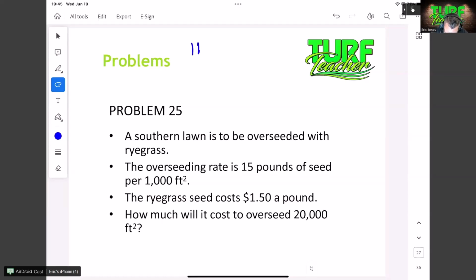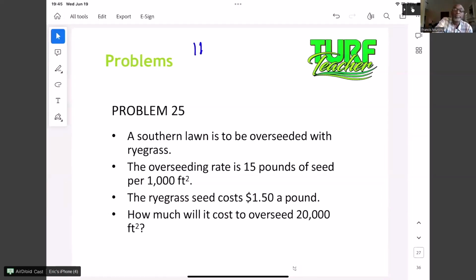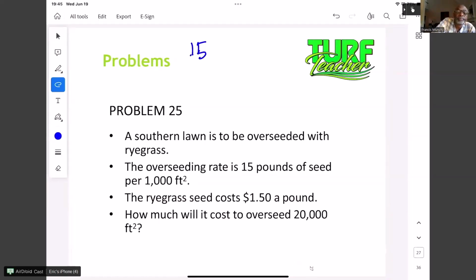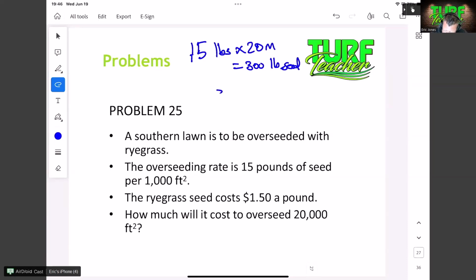So we have 15 pounds, 20 M, it's 300 pounds of seed, 300 pounds times $1.50. That's the price per pound. 450 bucks.